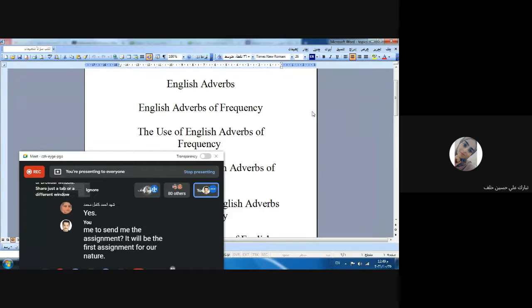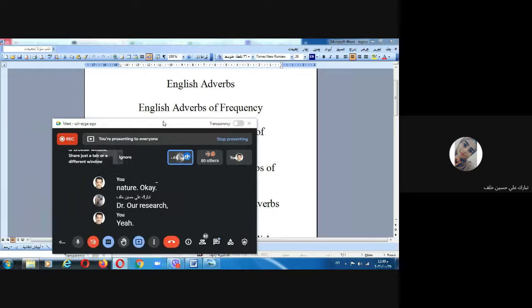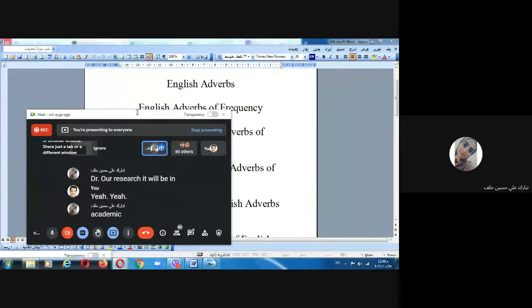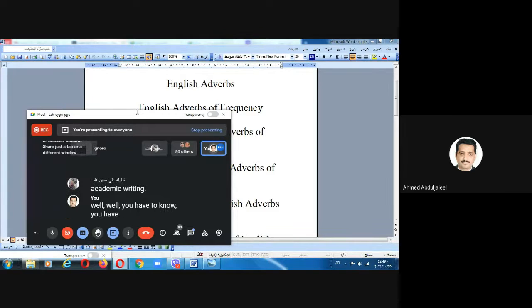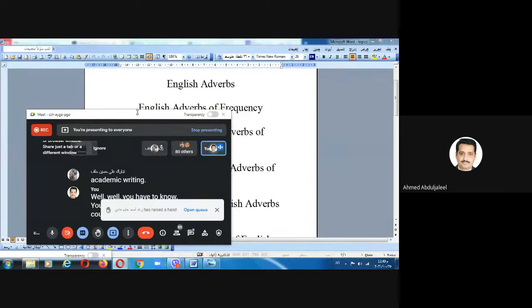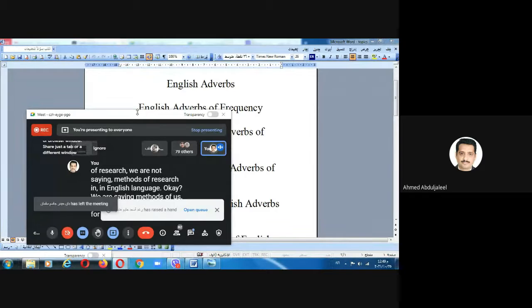Doctor, will our research be in academic writing? Well, you have to know that this course is general. It doesn't mean that it is related to your field only. When we are talking about methods of research, we are not saying methods of research in the English language. We are saying methods of research. So it will be general for the assignment.